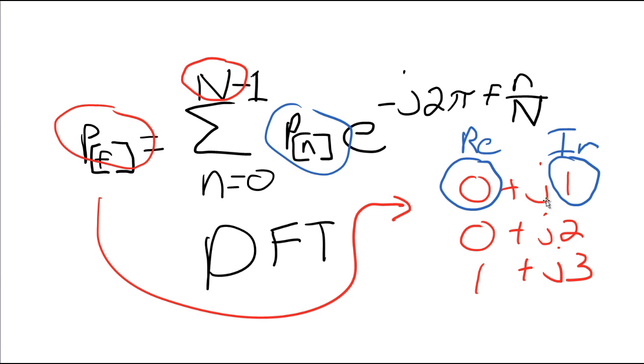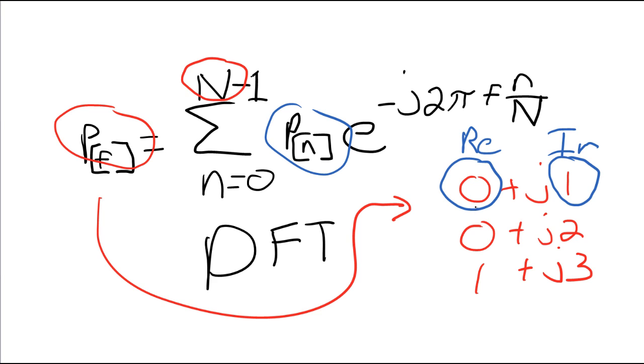They just show, for example, how well we're correlated with cosine, how well correlated with sine. So if we take the phase angle, that gives us the angle of a sine wave that our signal is correlated with. And then the magnitude of these numbers, this squared plus this squared, square root it, gives us the magnitude of the sine wave component.